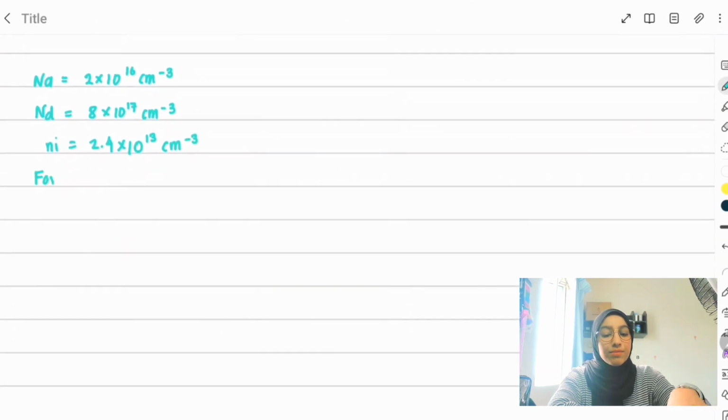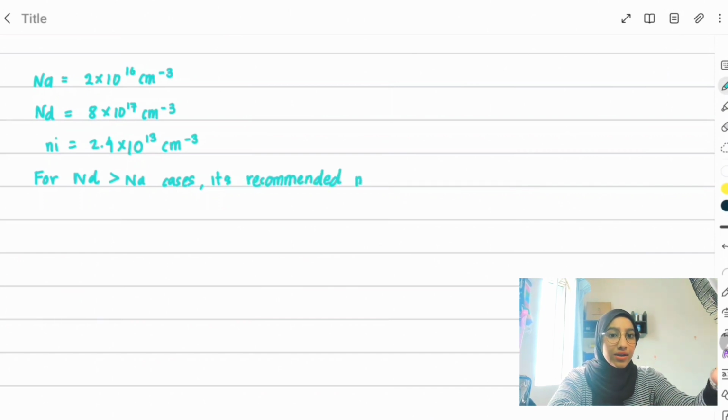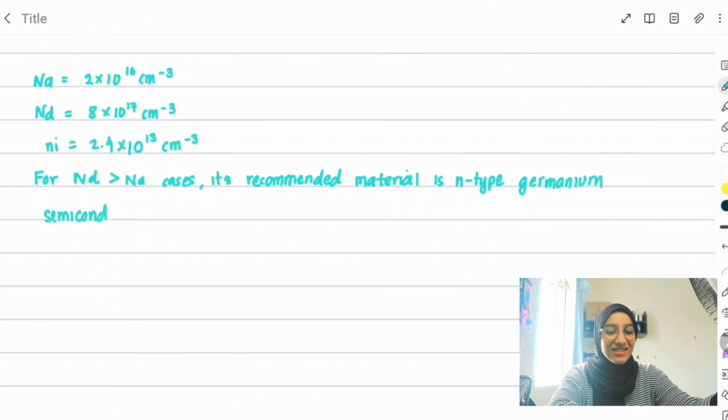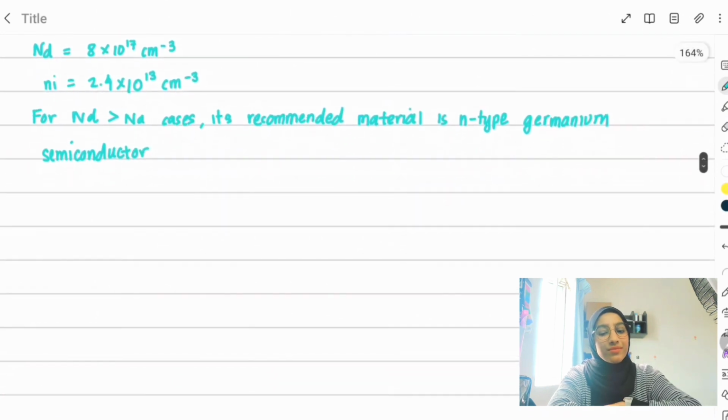Then I'll be comparing the values of Nd and Na. In cases where Nd is more than Na, the recommended semiconductor material would be N-type germanium semiconductor material.